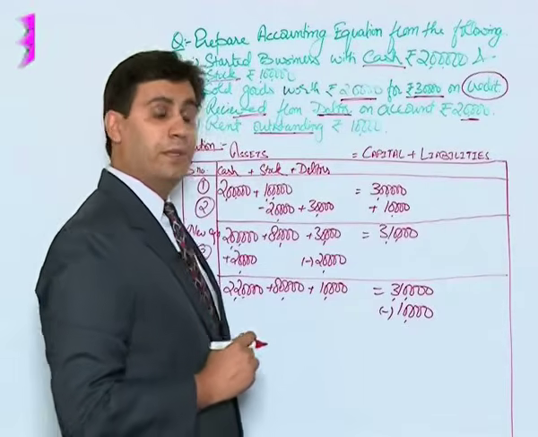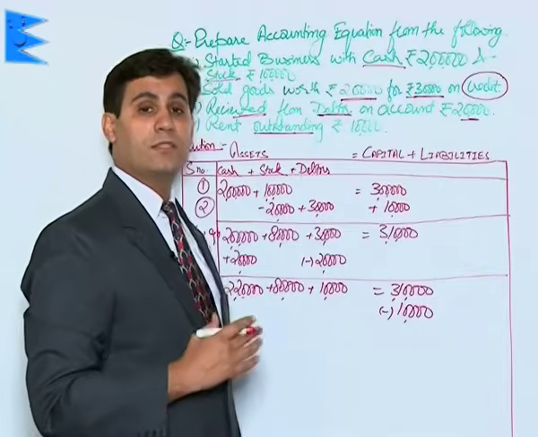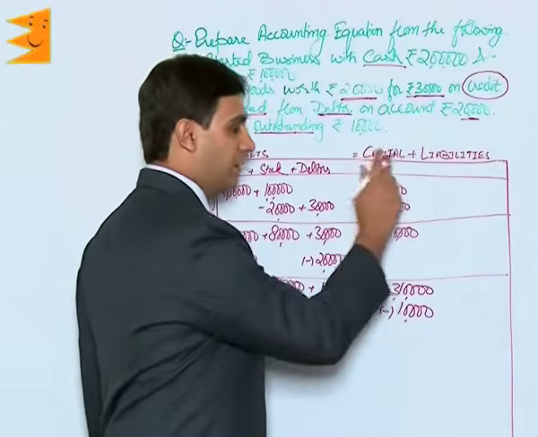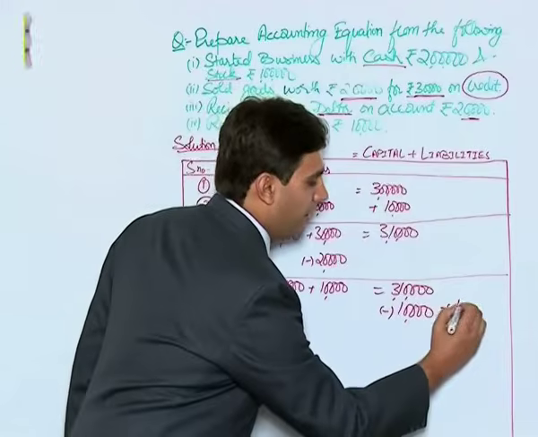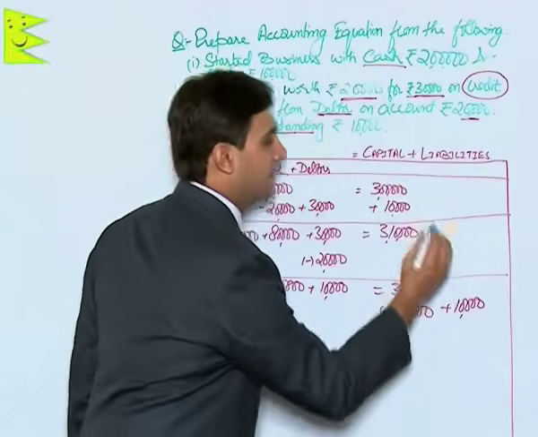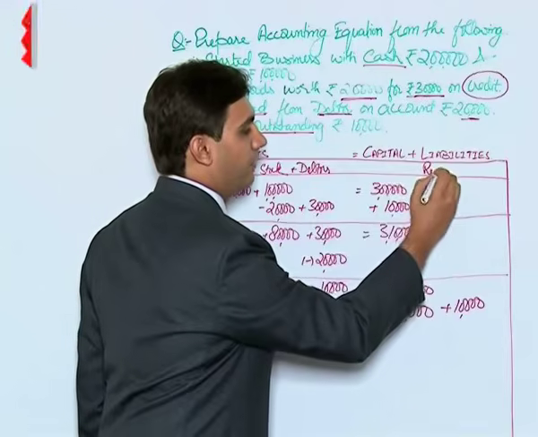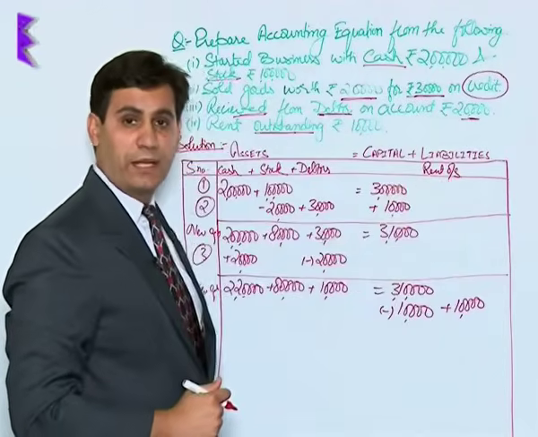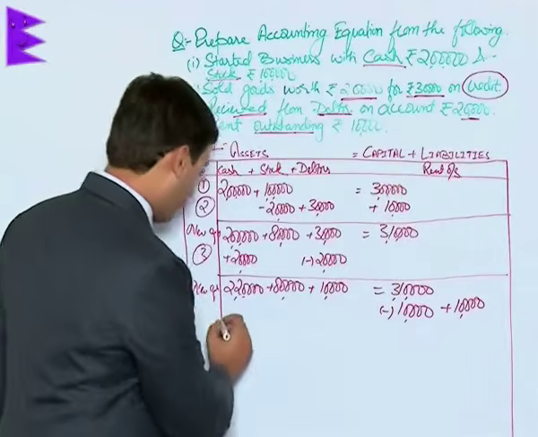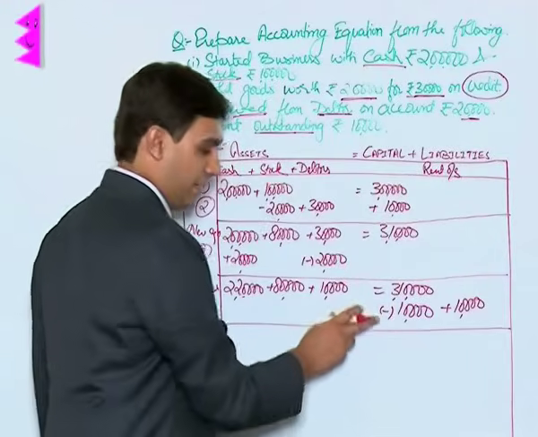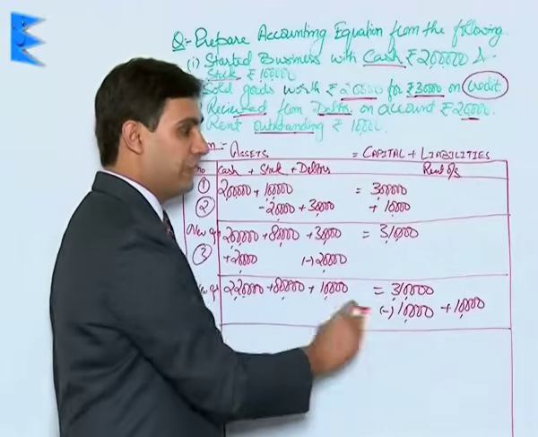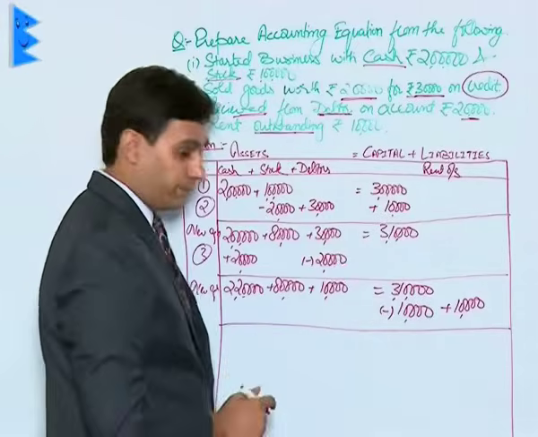The second aspect would be, since this amount has not yet been paid and it is payable, it becomes our liability and should be added under the column of liabilities as a subheading of rent outstanding. OS stands for outstanding. So now both the effects are shown. It is an expense, so deducted out of capital, and since it has not yet been paid, it is a liability.